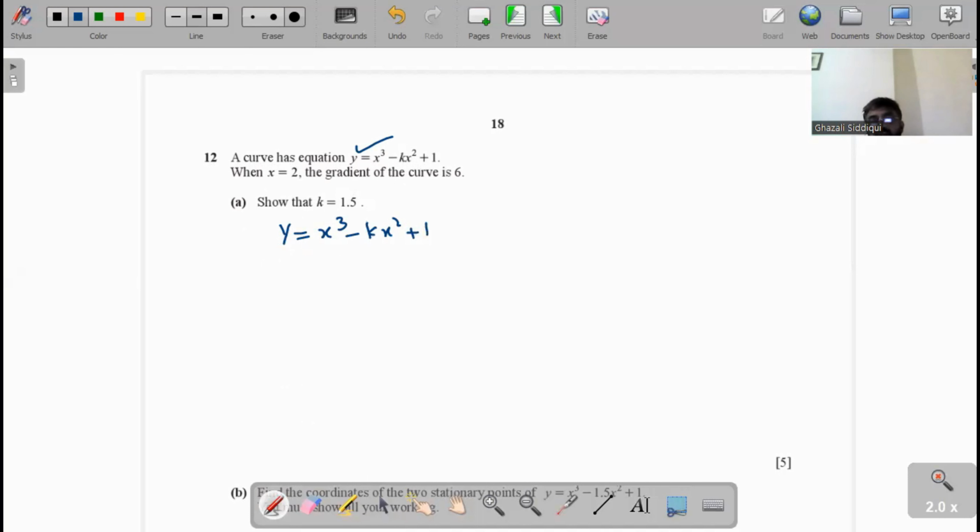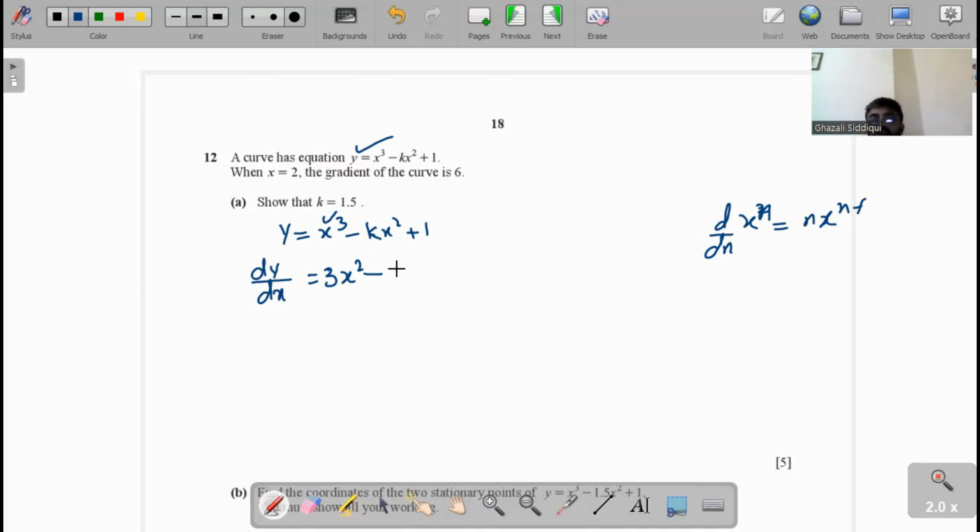When we take the derivative on both sides, dy over dx, the differentiation of x cubed will be 3x squared, because we apply this formula: d over dx of x^n equals n x^(n minus 1). Use the formula here.